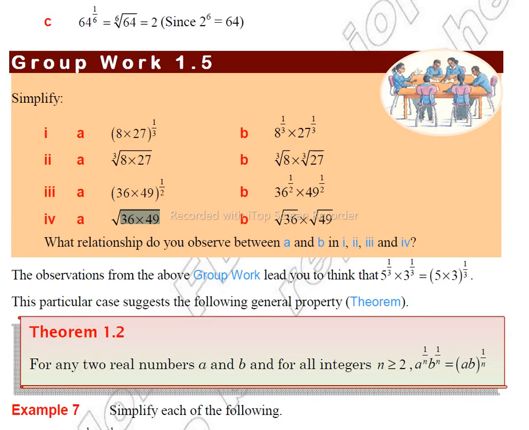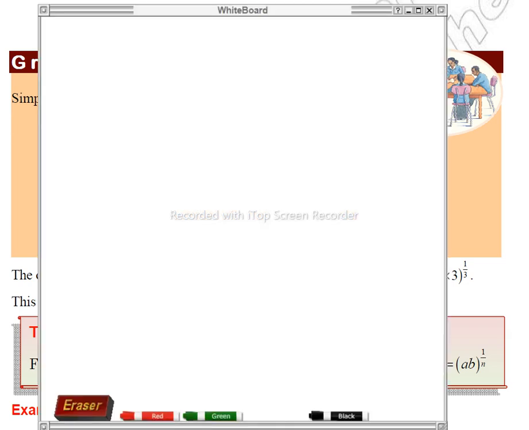The question number 1 says cube root of 8, that is 8 to the power of 1 over 3, times 27 to the power of 1 over 3. Let us do this example: 8 to the power of 1 over 3 times 27 to the power of 1 over 3.